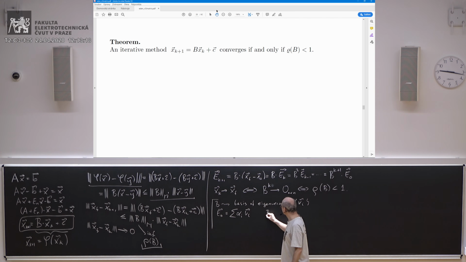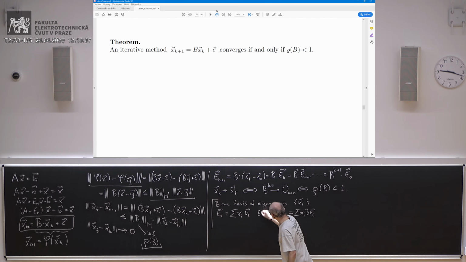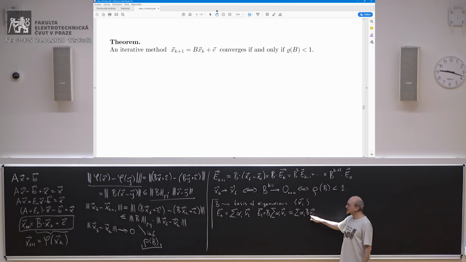What happens if I apply the matrix B to it? Well, I get B and this sum. And of course, I can distribute B inside. We have some rules from linear algebra for that. And when I do it, I will get the first error. That's why I'm doing it. Because v_i is an eigenvector of the matrix B, we know the outcome. We'll get lambda_i, which is the associated eigenvalue, times v_i.